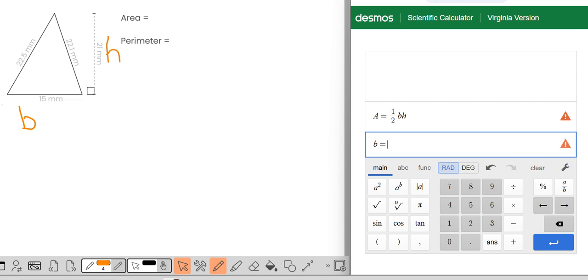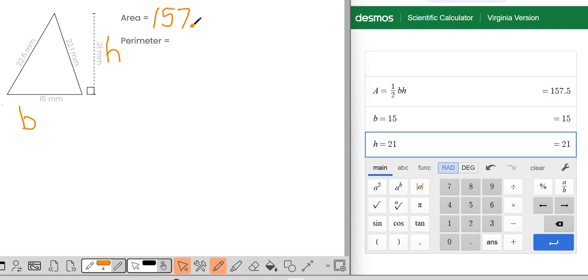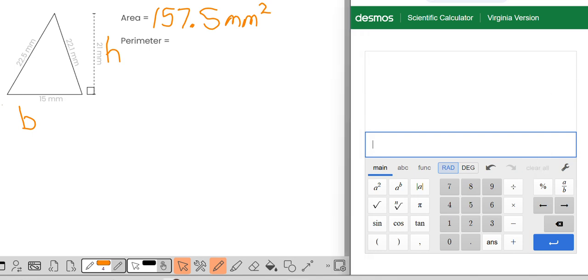So your base is, it's down here where the right angle drops, 15. And your height is this imaginary measurement here, 21. So that means your area is 157.5, and it's millimeters squared.